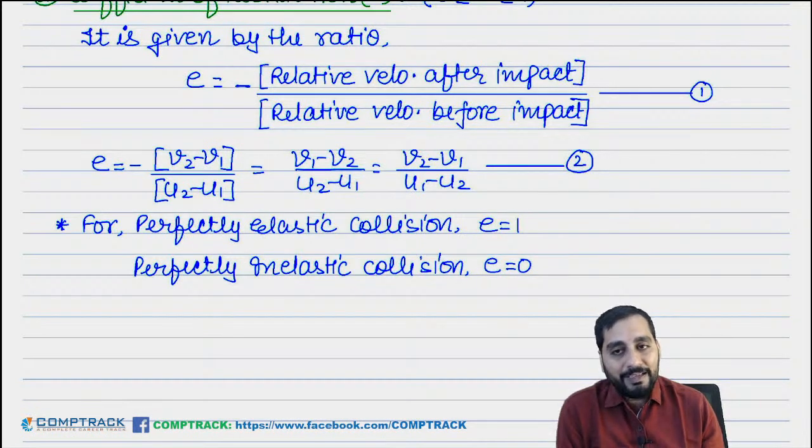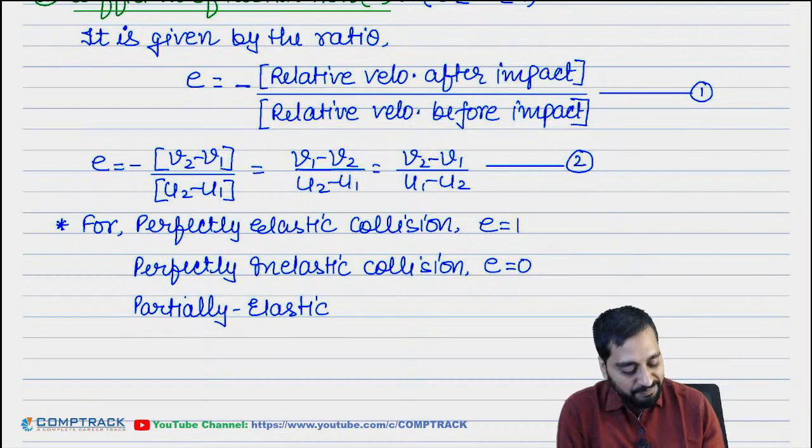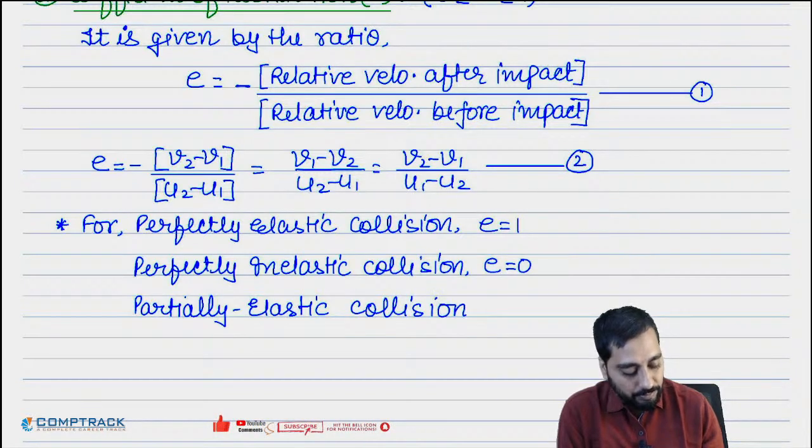Neither perfectly elastic nor perfectly inelastic, so you can call it partially elastic or partially inelastic. Okay, so partially elastic or partially inelastic collision, or you can say real collision, because real collision is always partial.